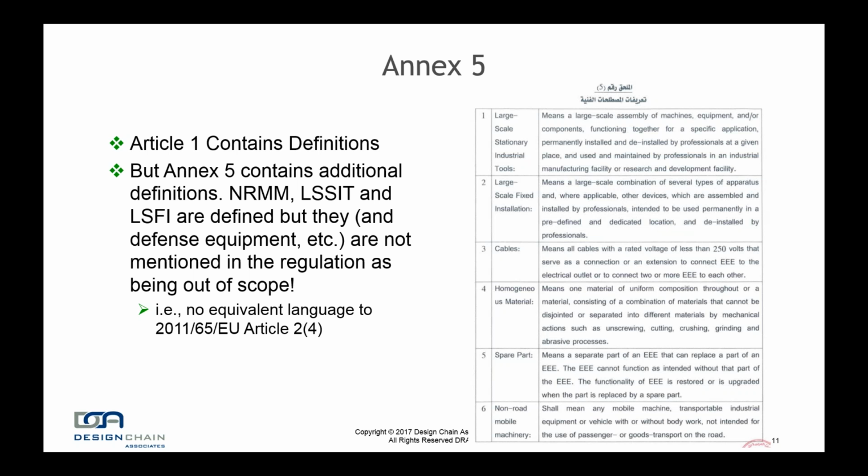Non-road mobile machines, large-scale stationary industrial tools, large-scale fixed installations are defined in Annex 5, but they're not mentioned in the regulation as being out of scope. So there's an issue here with the definition of scope in UAE RoHS. Are these actually out of scope, or are they in scope? Why are they defined here and not referenced in the language of the regulation itself? Again, unclear.